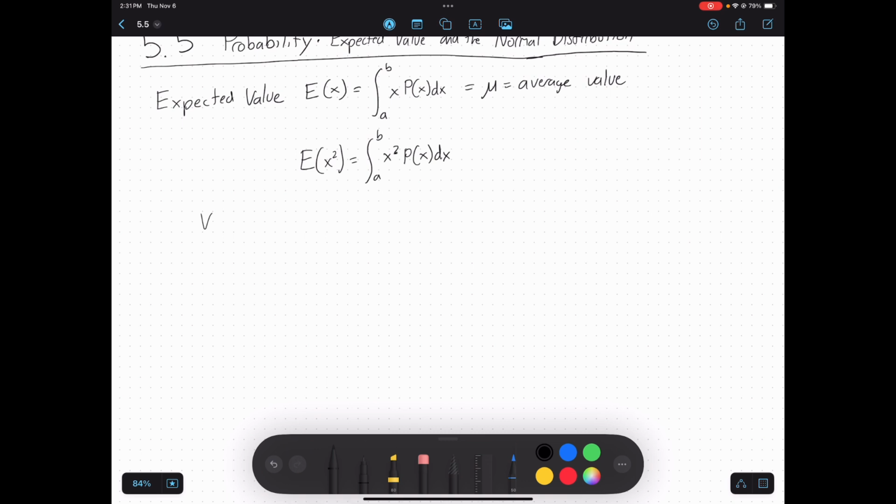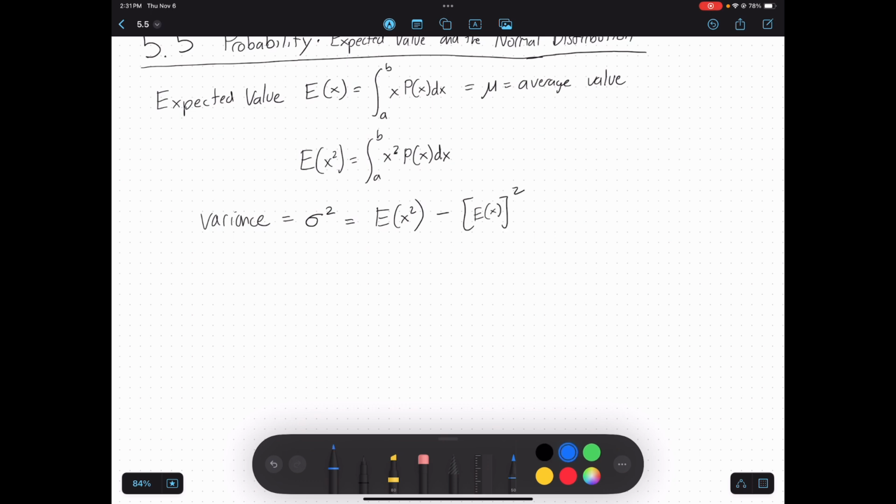Because I can actually calculate the variance of a probability density function using some similar calculations here. So the variance, which my symbol for that is this sigma squared, is equal to this E of x squared. So the same integration, just with an x squared in front of my probability density function, minus the expected value squared.